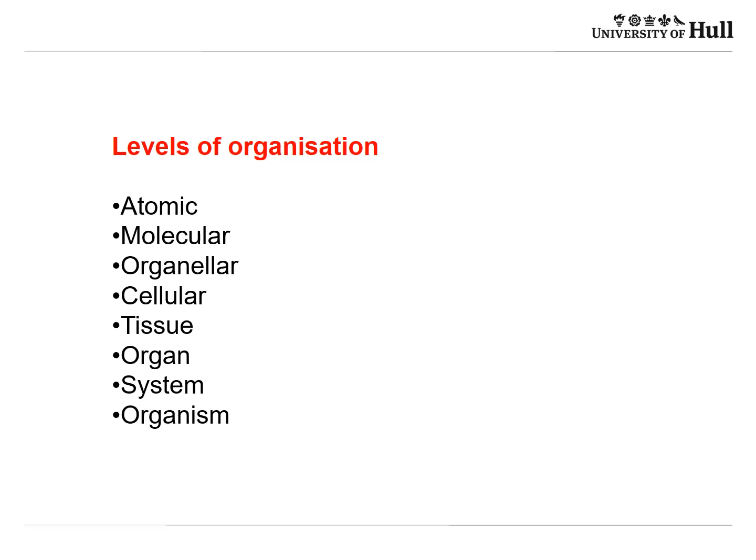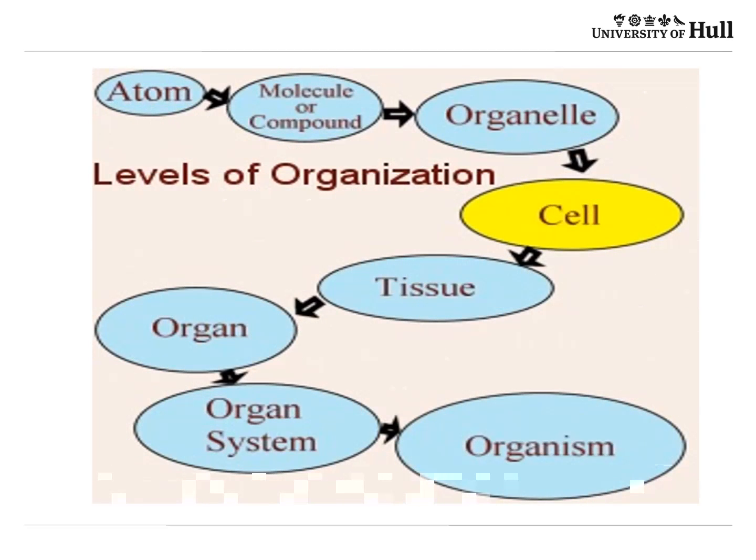A whole organism, for example, would be a human being. And this diagram shows how they relate schematically from the atomic level up to the level of the organism.